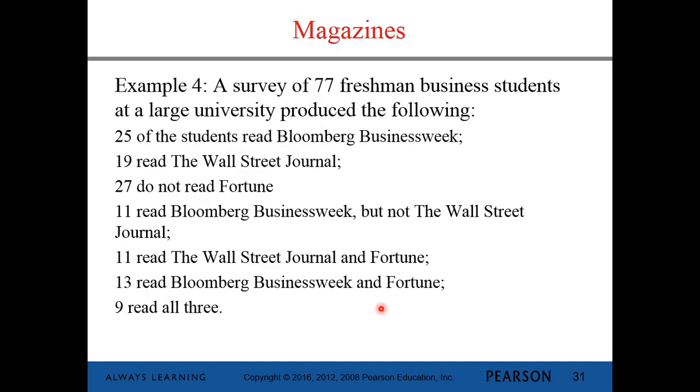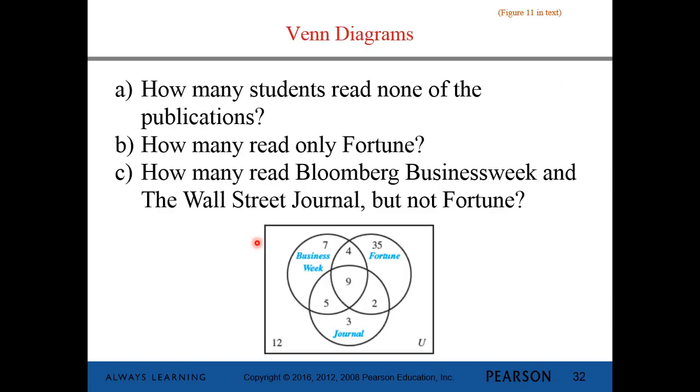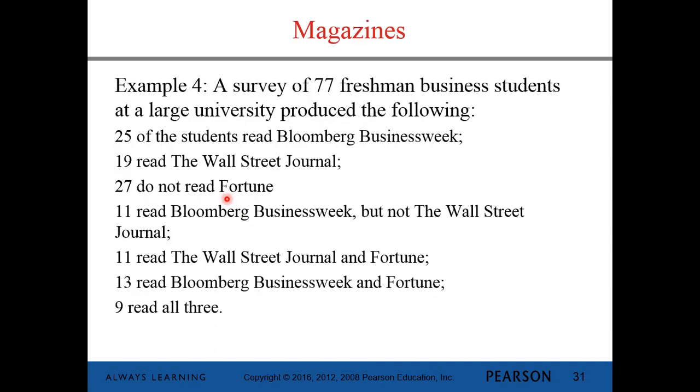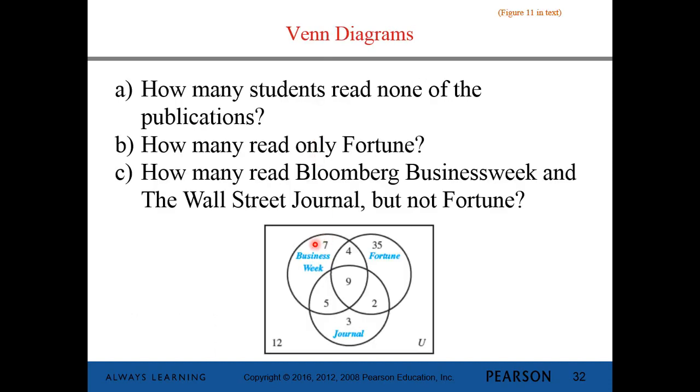Okay, so let's go back. So Fortune, okay, does it say anything about Fortune? Let's see here. See what else we can read. Okay, so 19 read the Wall Street Journal. 25 read Bloomberg Business Week.